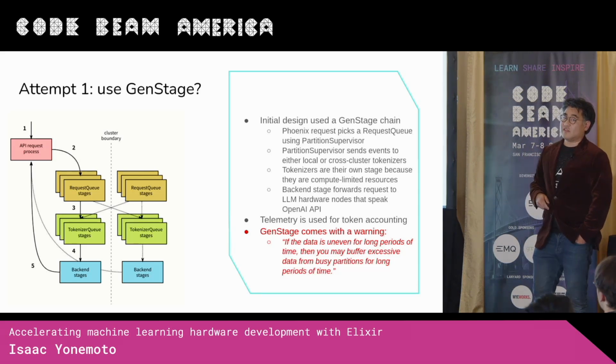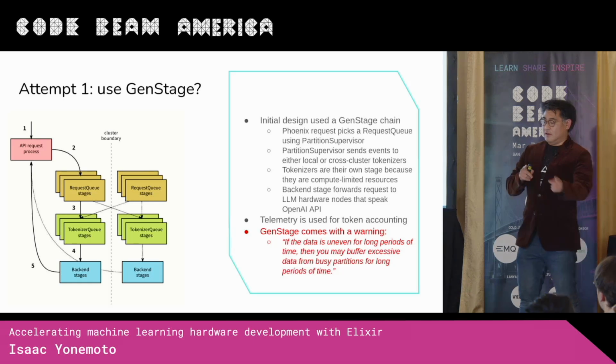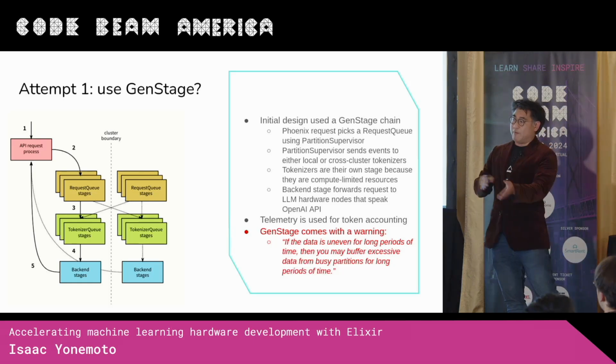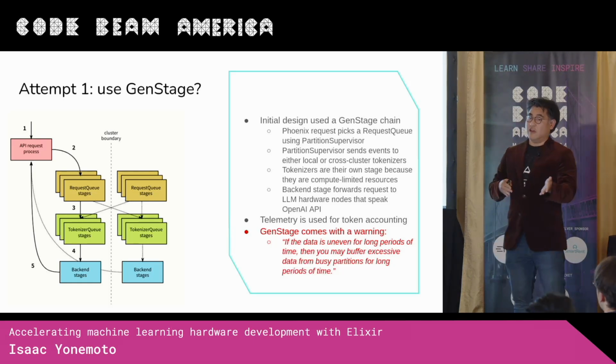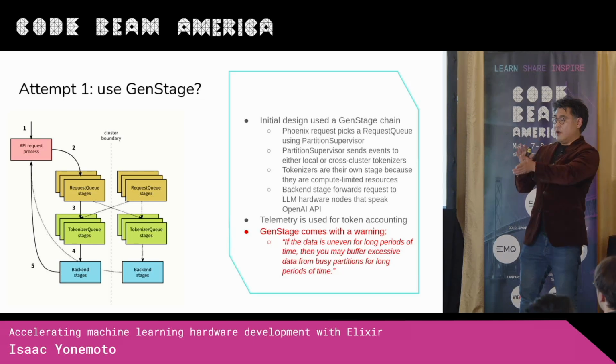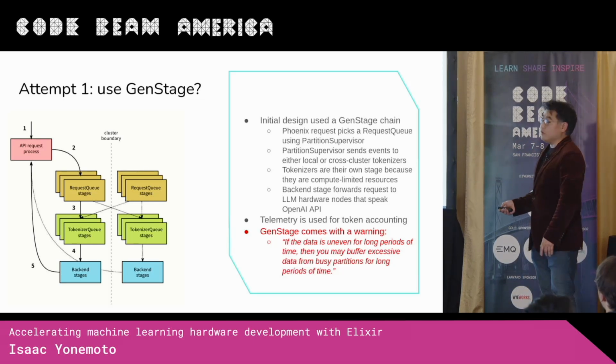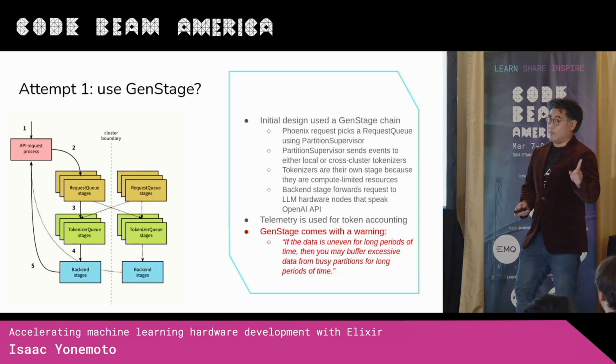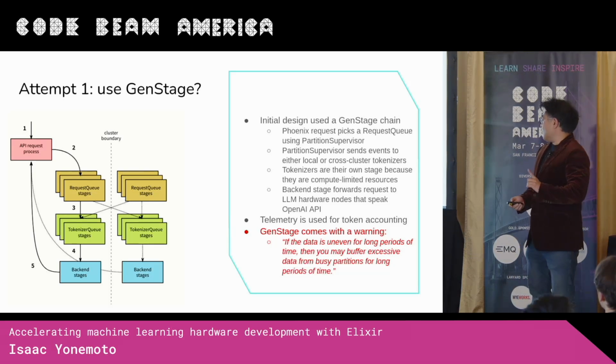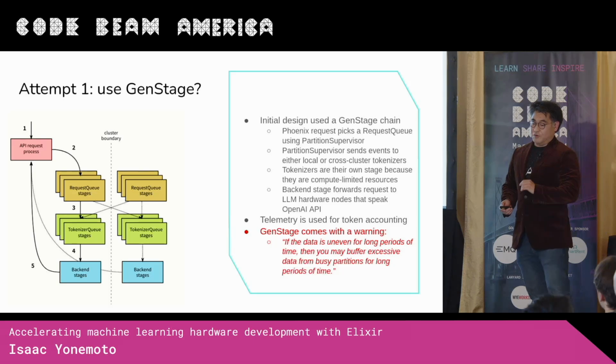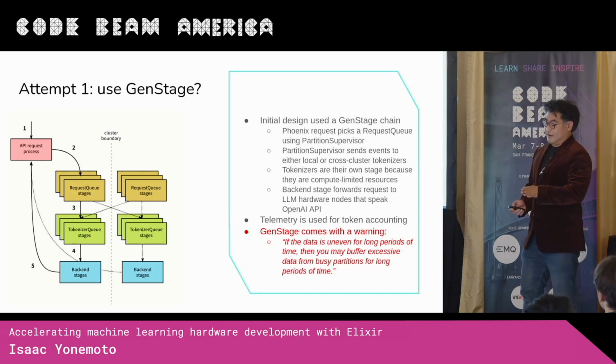In our case, users may overwhelmingly use one model versus another, and we are splitting our requests based on which model, because any given piece of hardware can only service one model at a time. So it turned out that GenStage was not a good choice, although we never really ran into any of these problems in our initial testing.